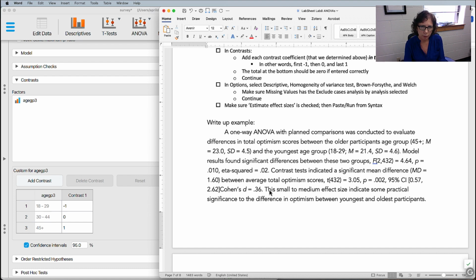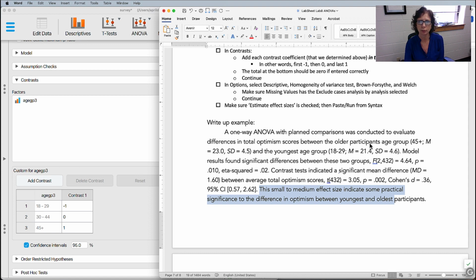And if I had both of them in here, the effect size would come before the confidence interval. So it would go more like there. If I'm reporting both effect size and the confidence interval, the effect size comes first, the confidence interval goes last. This small to medium effect size indicated some practical significance to the difference in optimism between youngest and oldest participants.